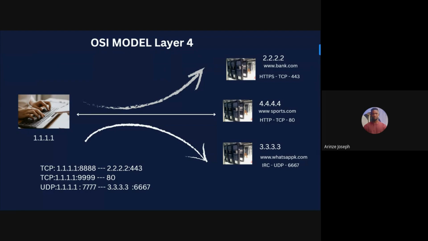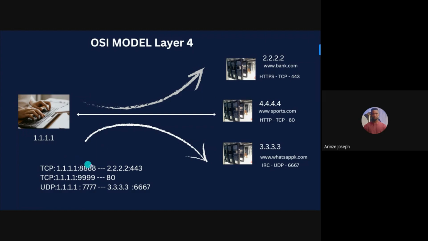Then, if you can see here, you see that we are handling three things at the same time. So there is, first of all, the IP address 1.1.1.1 of the host, rather, communicating with IP address 2.2.2.2 of bank.com. And this host also has a port open specifically, which is port 8888, that communicates with port 443 of the HTTPS of the bank.